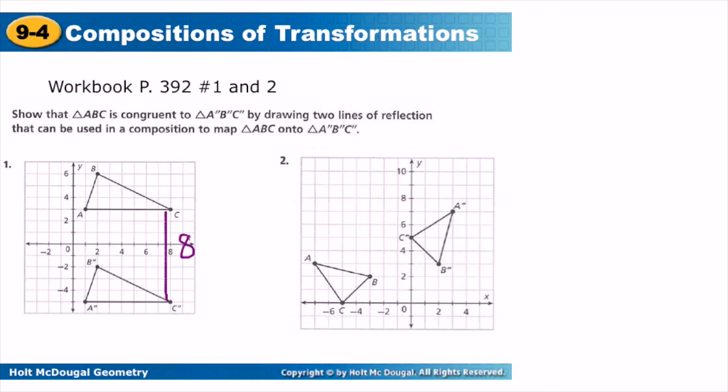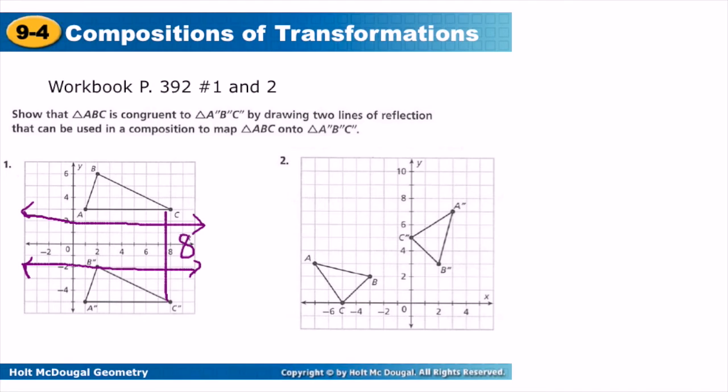Since I've got a distance of 8 units, I want to make sure that I'm able to split it evenly, so 8 cut in half should be 4. That means that my lines of reflection should be 4 units apart. So if I were to draw in my first line of reflection here at the line y equals 2, then I could draw in my next line of reflection at y equals -2. Remember, since these are lines, we want to show the proper notation on those lines.